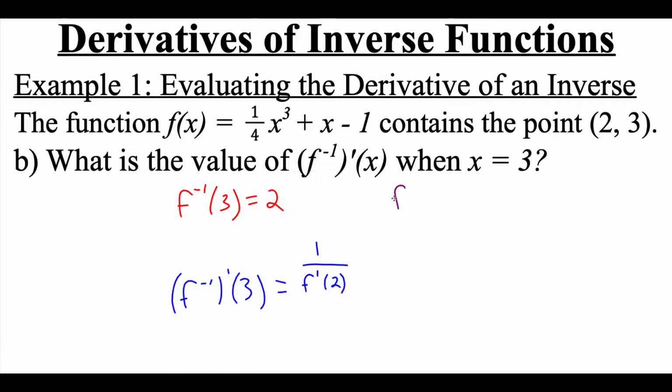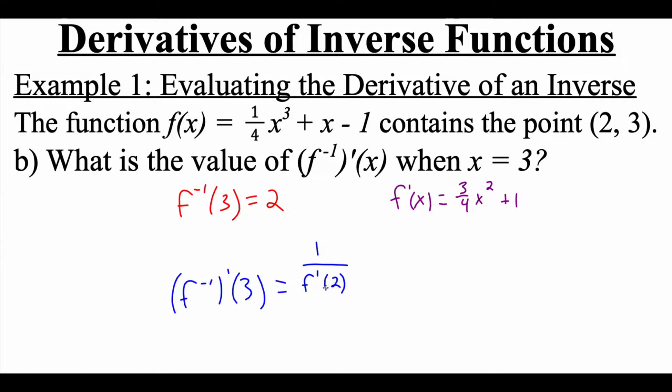So f prime of x, if we look at using the power rule in that first part, drop the 3 down as a multiplier to the 1/4, and that becomes 3/4 x, and then we subtract 1 from the power, so that becomes x squared. And then if we differentiate that plain x, that just turns into a 1. And then if we differentiate the negative 1 on the back end, that turns into 0. So f prime is 3/4 x squared plus 1.